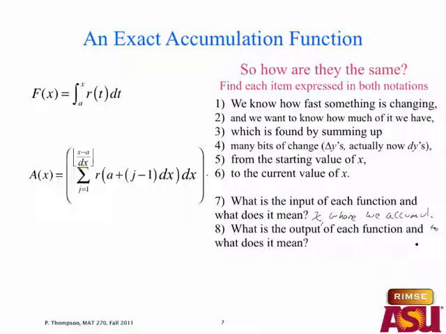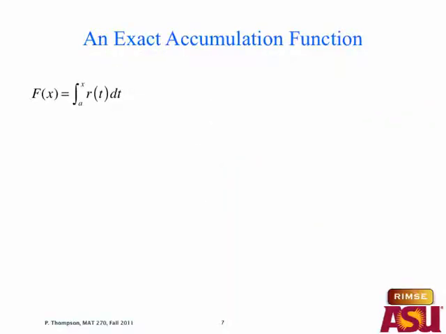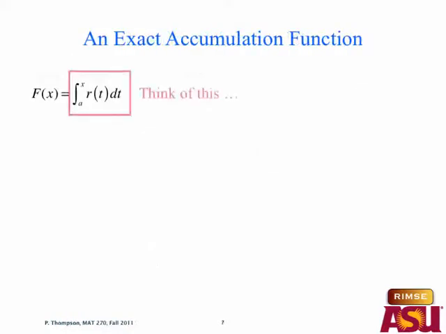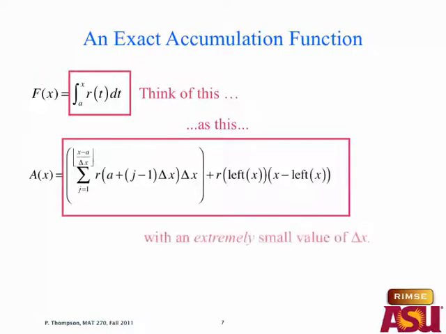So when you let x increase, you get all these outputs, and that's your accumulation function as x increases. Okay? So x is like the right side of your interval. It's where we accumulate to. What's the output of each function? The amount of accumulation.